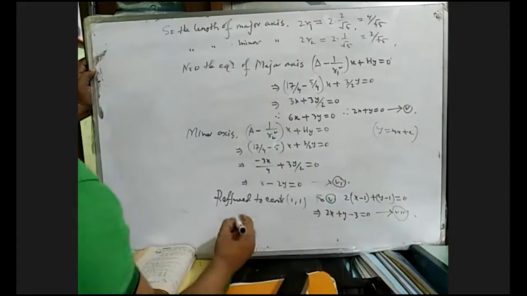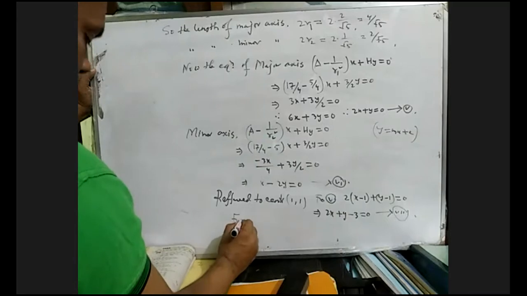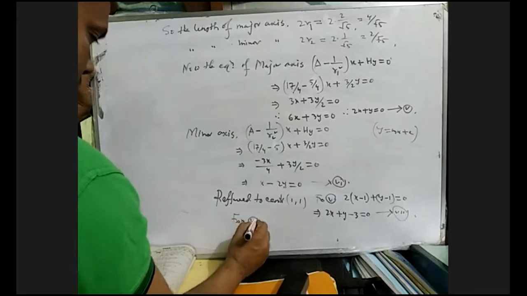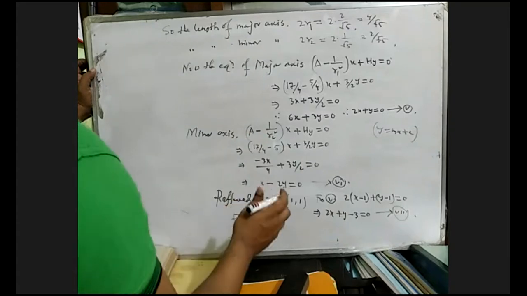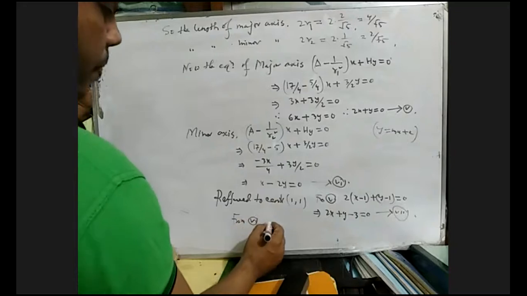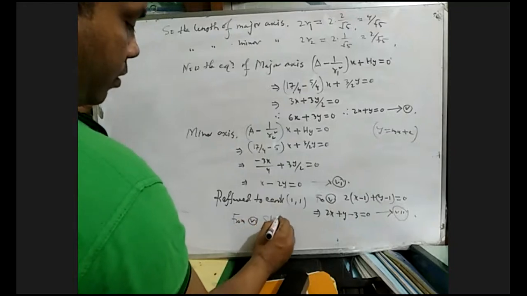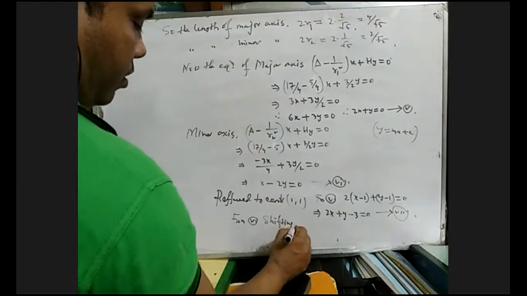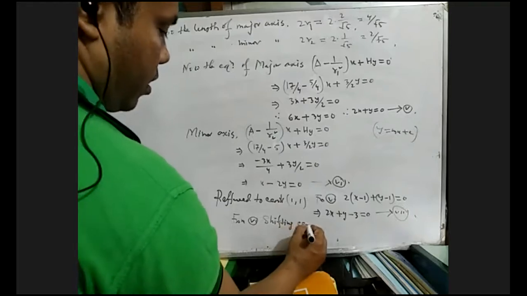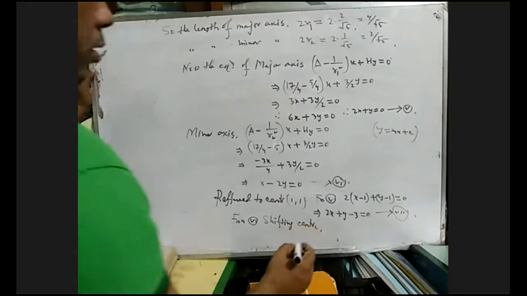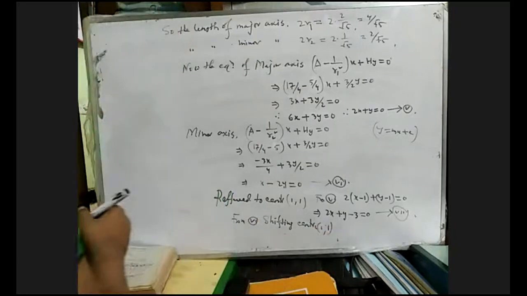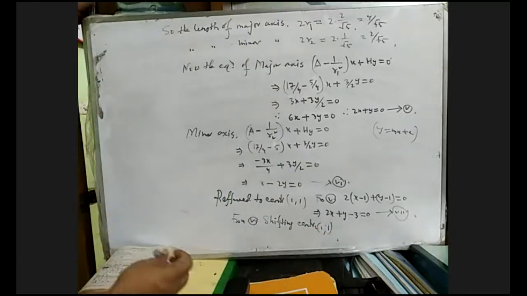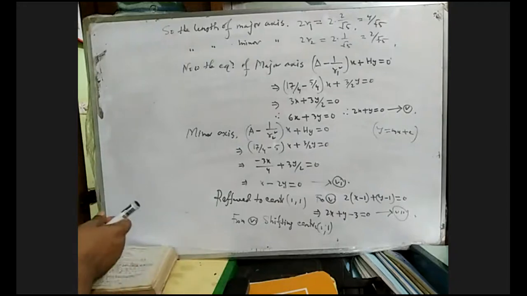Similarly, from 6, we can find what? This is x minus 2y. So shifting center 1 1, we get what actually?